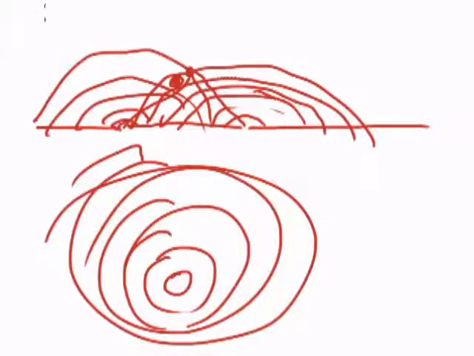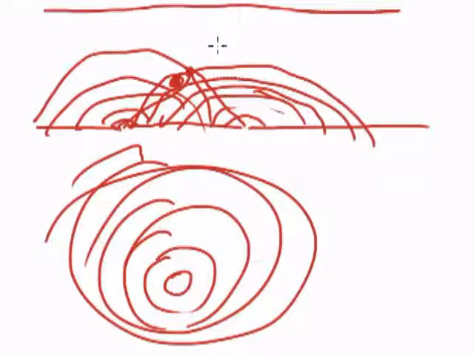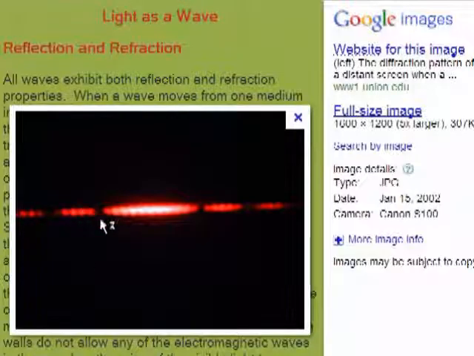And so what you'll get on a screen in the distance is a bright spot in the center, and then another bright spot, bright spot, bright spot, bright spot. And here's kind of what a one or a two slit interference pattern would look like.